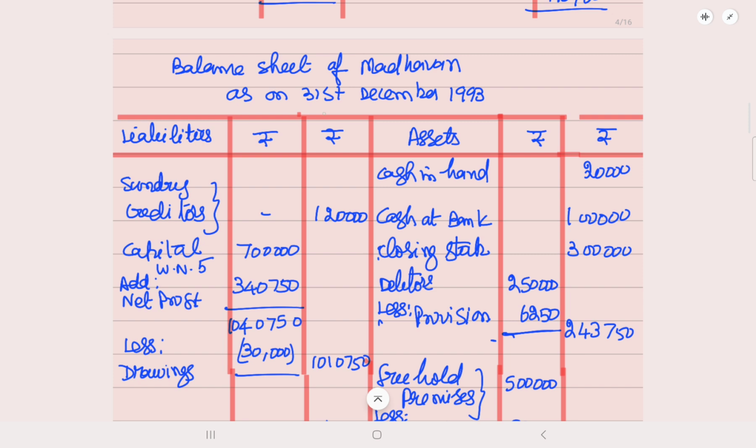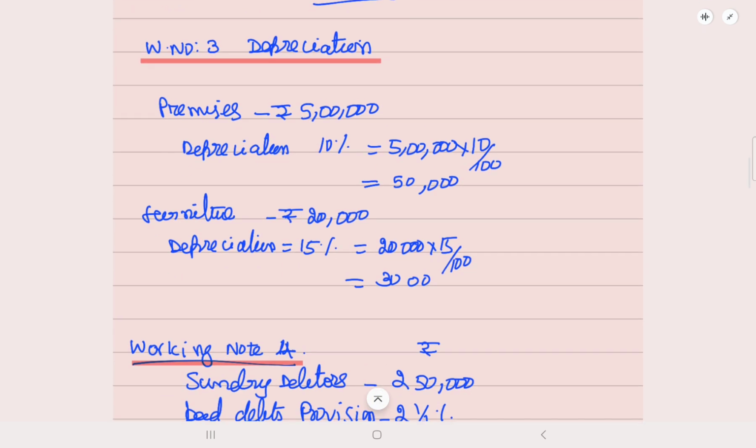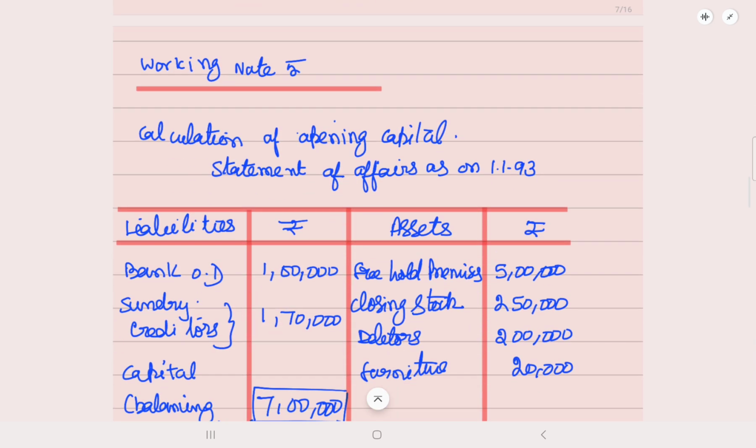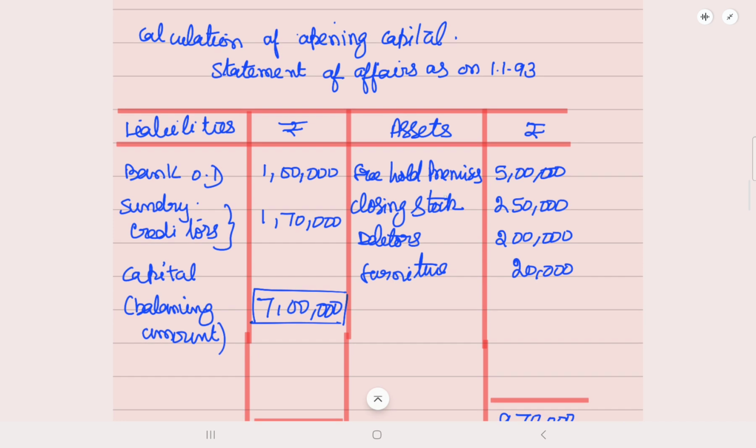Balance sheet of Madhavan as on 31st December 1993. So we have the balance sheet. Opening capital is missing here. Therefore, as per working note 5, to calculate opening capital, we should prepare the statement of affairs as on 1/1/93. Assets: freehold premises 5 lakhs, stock 2,50,000, debtors 2 lakhs, furniture 20,000.